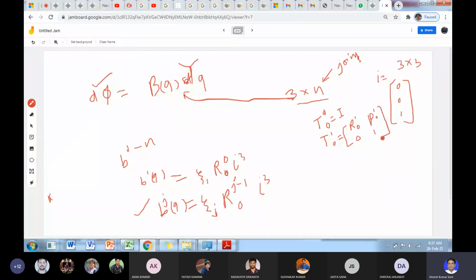You know that the complete homogeneous transformation matrix is given by the orientation matrix and P10.